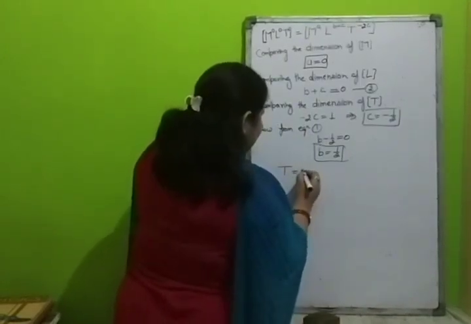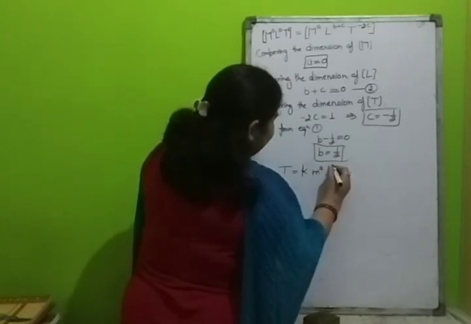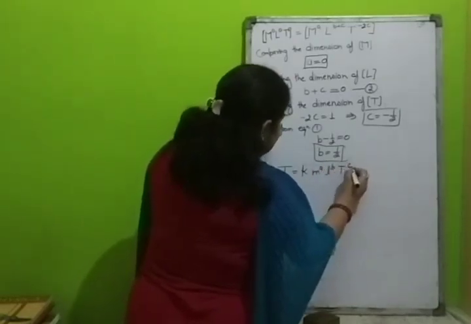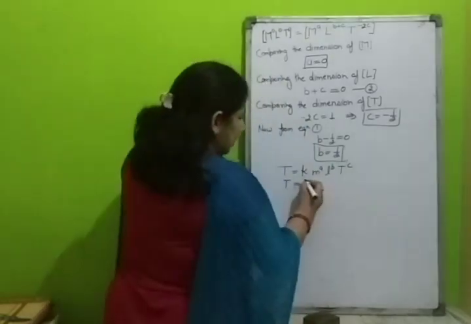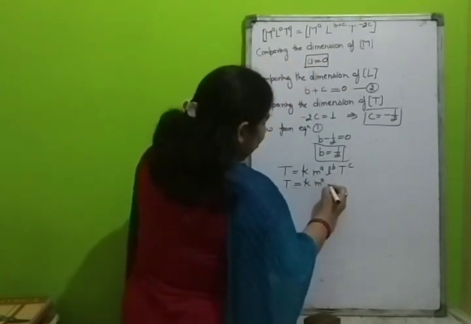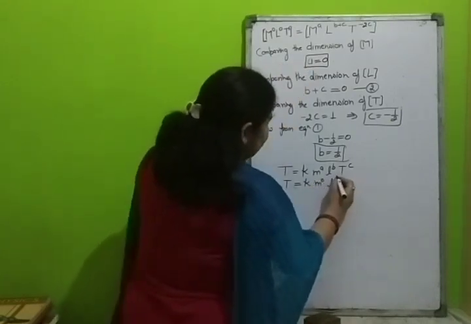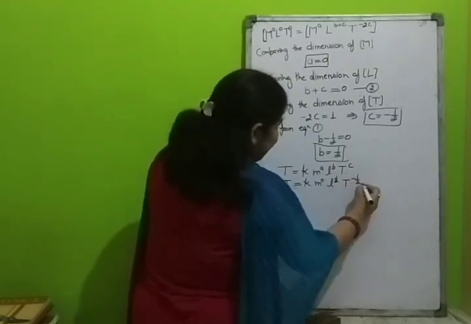T is equal to K M to the power a, L to the power b and T to the power c. Means T is equal to K as it is, M to the power 0, L to the power half, and T to the power minus half.